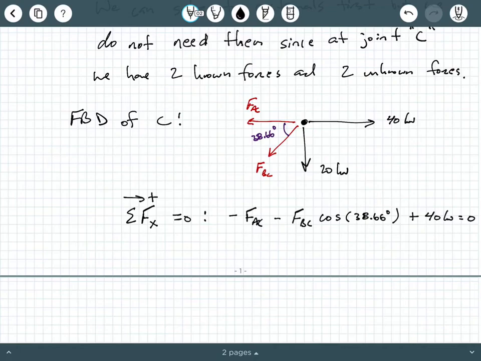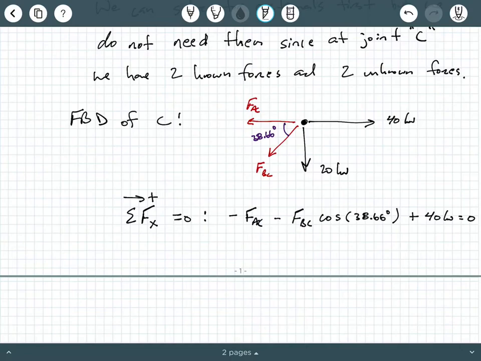Now I want to take this point right here to explain something that may be a source of confusion. I've seen other people get confused by this in the past. So we've said that if we assume the unknown forces are pointing away from the joint, we're assuming tension, right? And we call tension positive. So what in the world is going on here where we have these negative numbers in front? It seems like I'm contradicting myself.